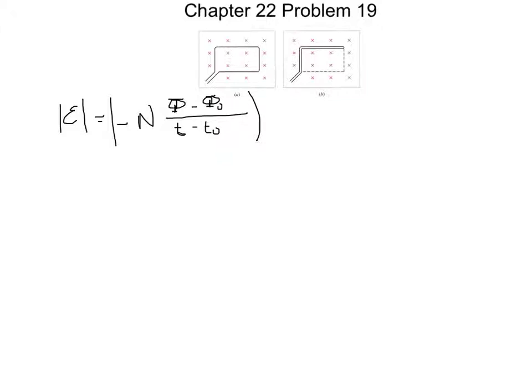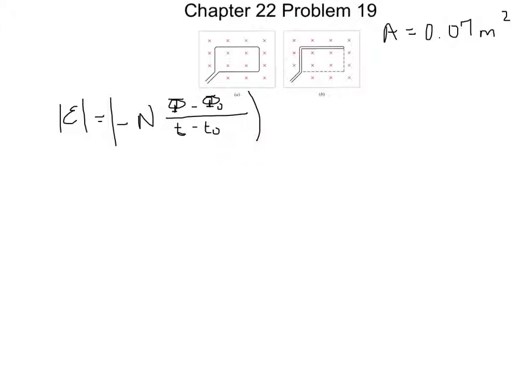In the problem, they give you a couple pieces of information. They give you the area, and I calculated the area, which is 0.2 meters times 0.35 meters, so the area is 0.07 meters squared.